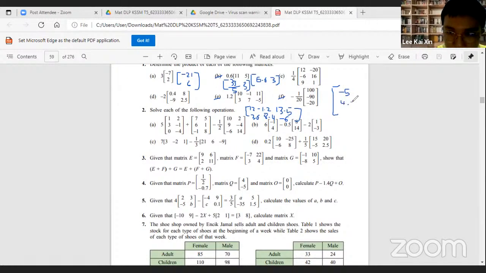Up to you. Or this one, you can put 9/2. Shouldn't be an issue. And then this one, it will get 1. This 4.5, you can put 9/2.